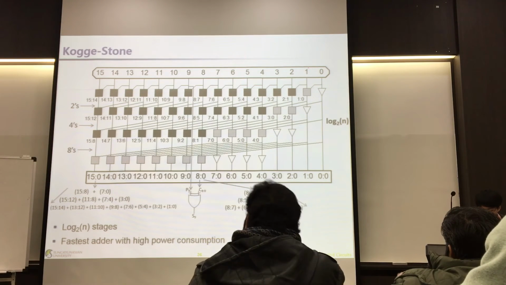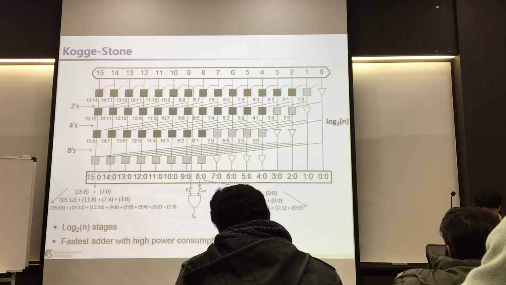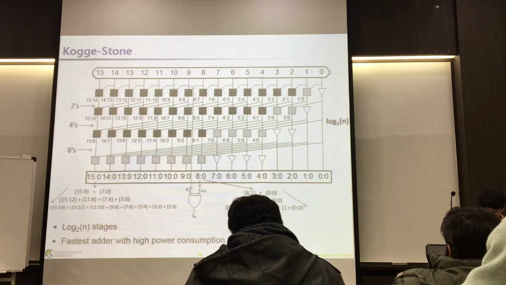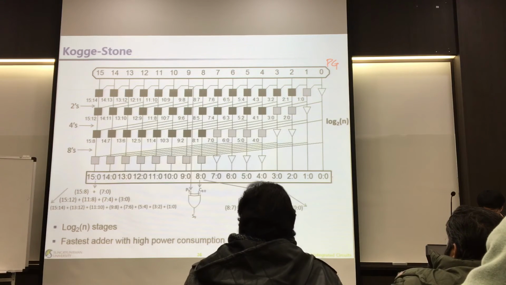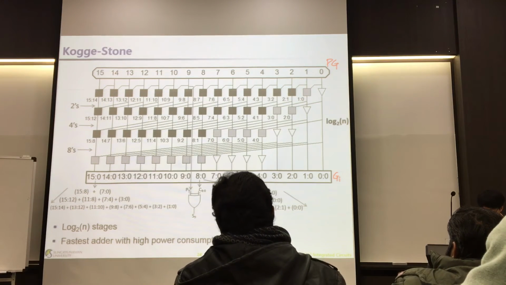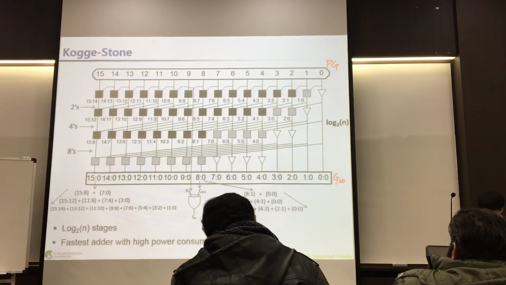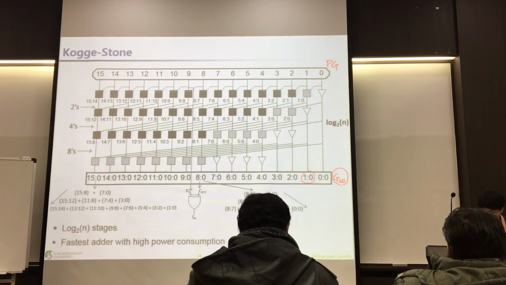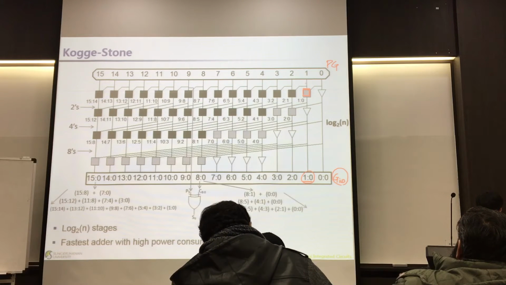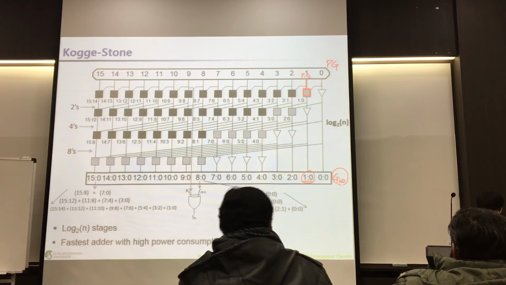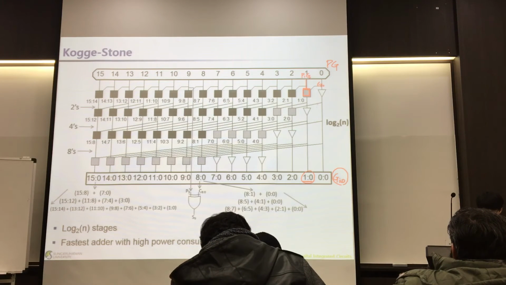So let's see why that's happening. Okay, so let's look at the lower bit case. Here, again, this is the PG generation part. Here we want Gi to 0, right? So we want G1 to 0, and we can calculate that with the gray cell here, which takes P1, G1 here, and then G0 here.